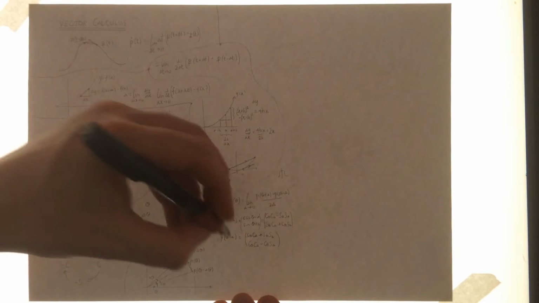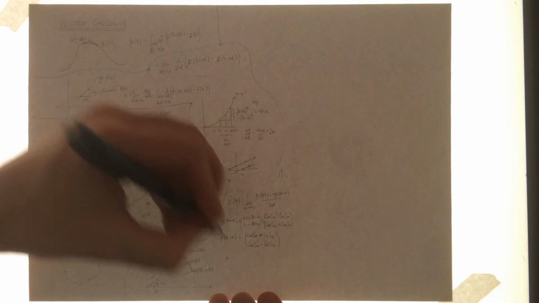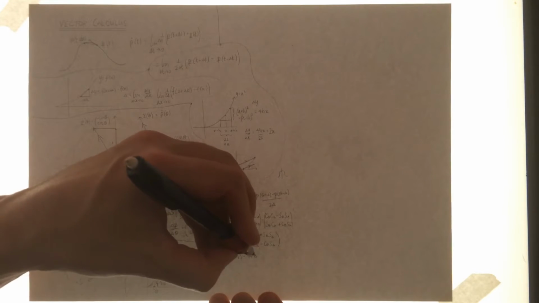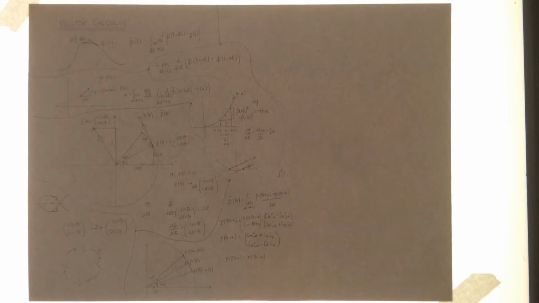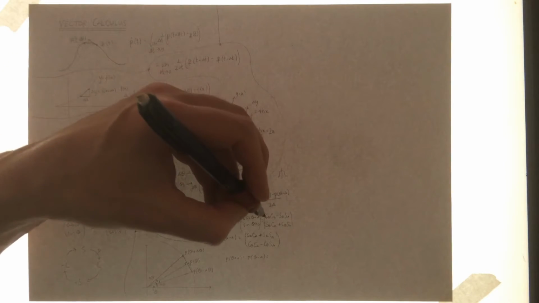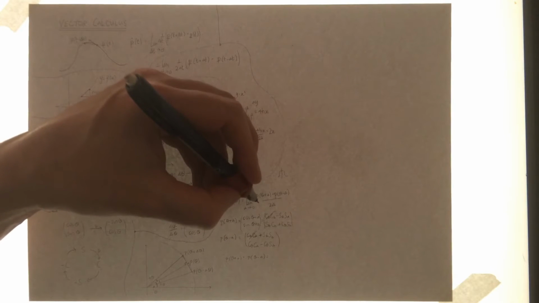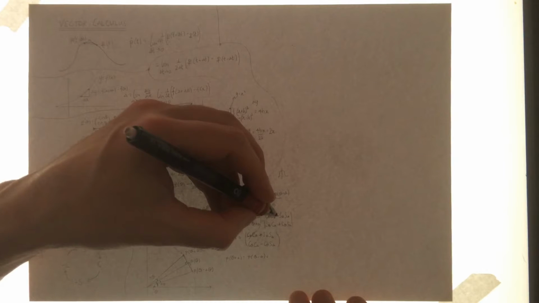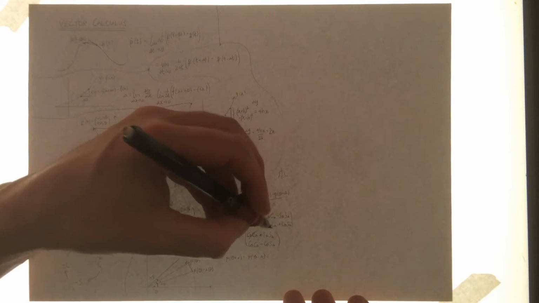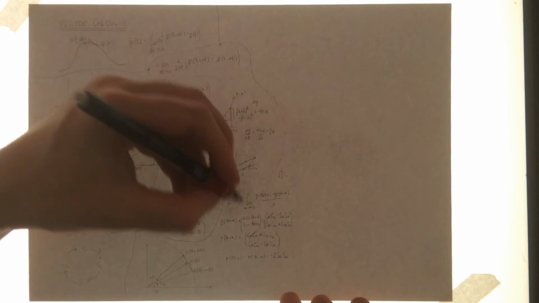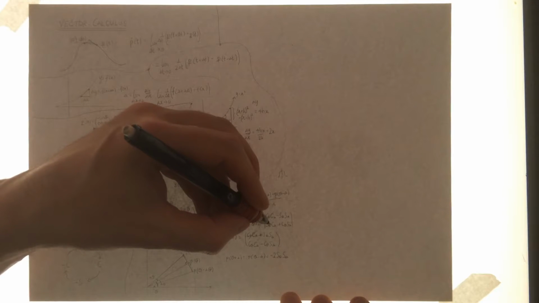So if you subtract those, these are going to disappear, and you've got that minus that, which is just minus 2 sine theta sine delta. And the y component, that minus that.